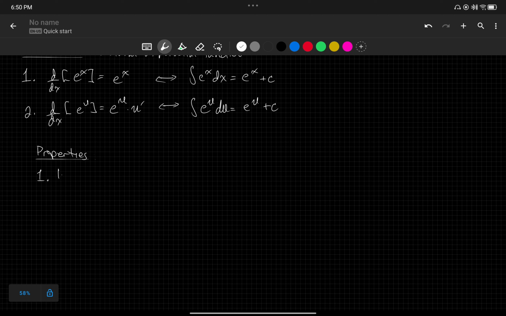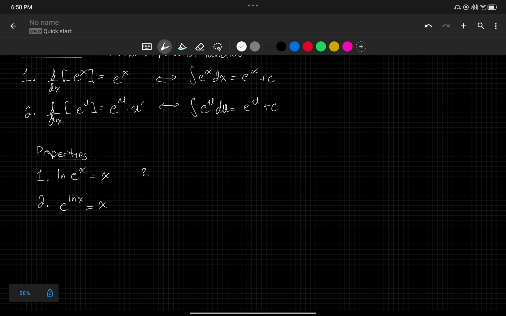Going back to the fact that ln and e to the x cancel. So there's two versions. If e to the x is the argument, or the other way around, ln x is the argument, in either case, they're going to cancel.